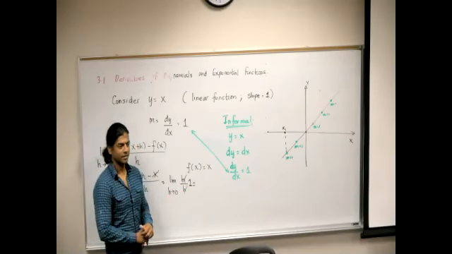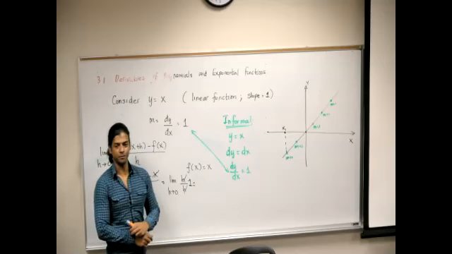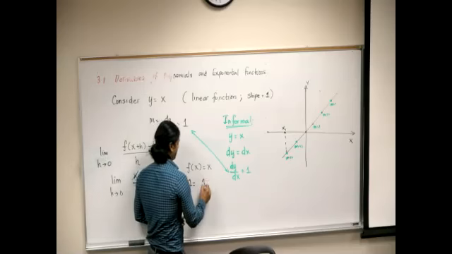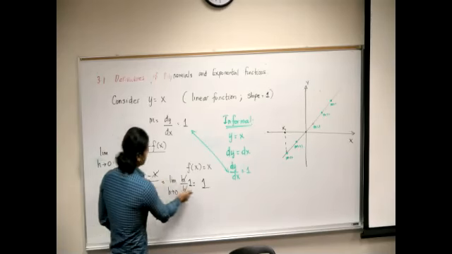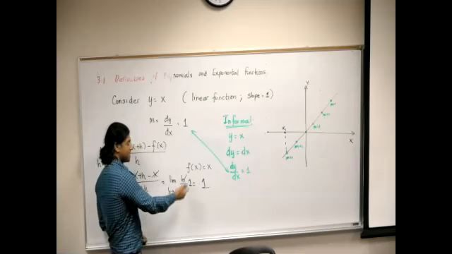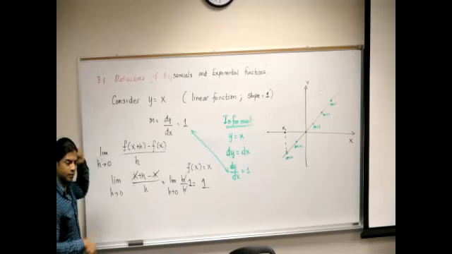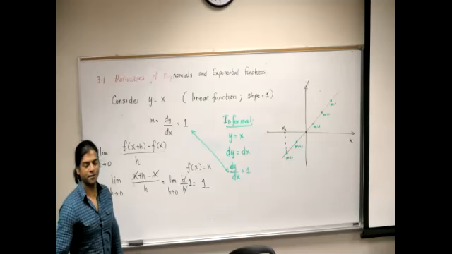It's a constant, so what would that equal? 1. The limit in h does not affect 1 at all because that is a constant. The limit's got nothing to do with 1, right? 1 is the limit. Are we clear so far?